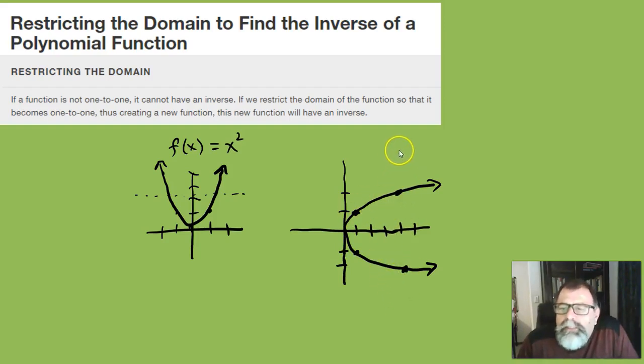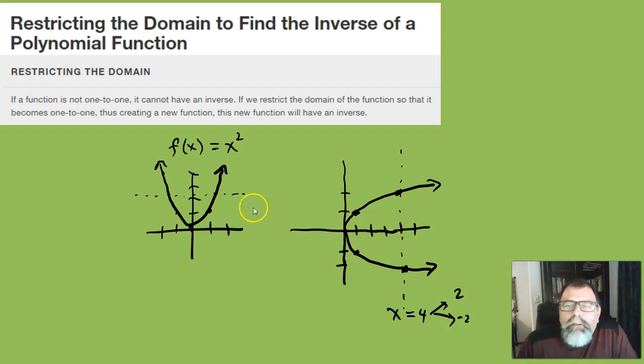And you can see this fails the vertical line test because here is x equals 4, and we get two y values, y is 2 and negative 2. So that's not a function.